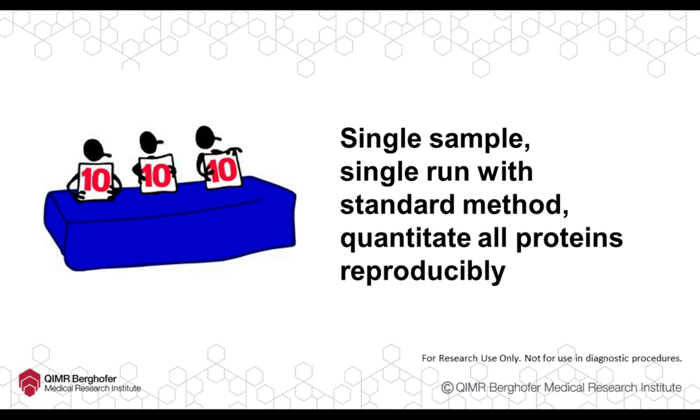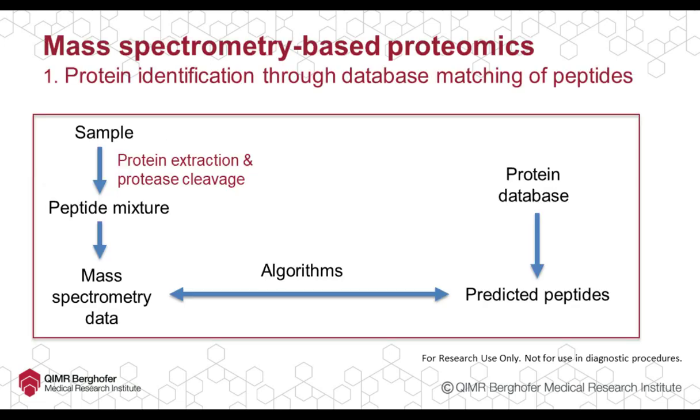So let's consider this in the context of what mass spectrometry-based proteomics relies on in terms of its theory. This is a very simple slide, and probably it's no news to most of you. So how does mass spectrometry-based proteomics work? There are two steps.